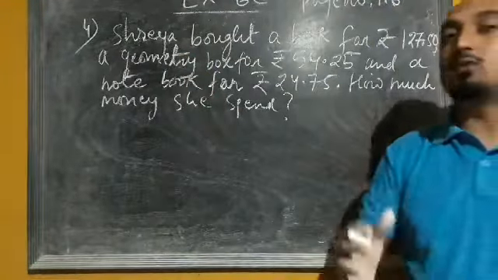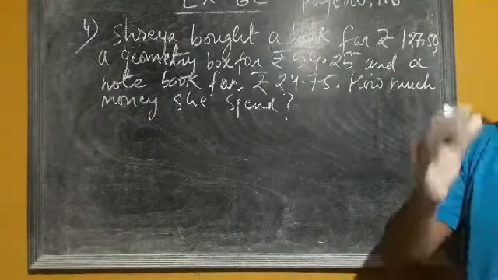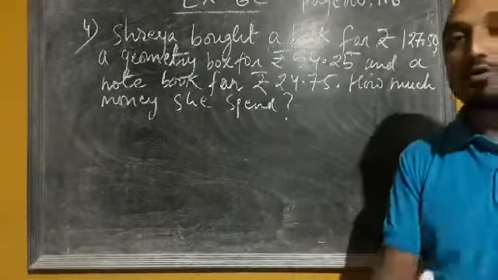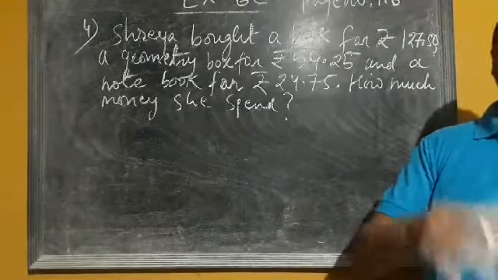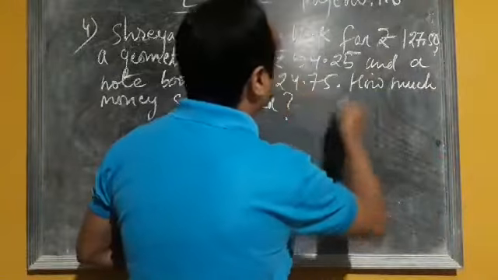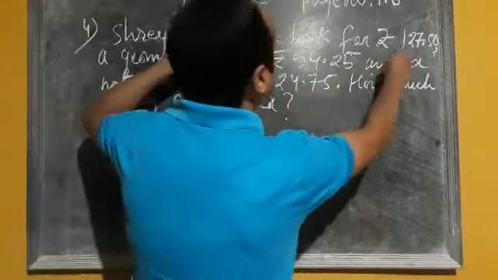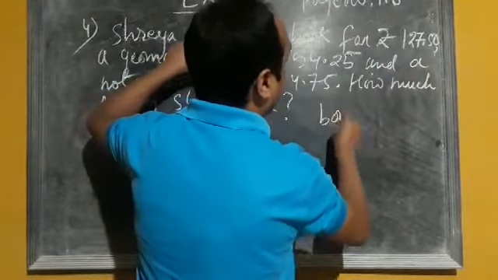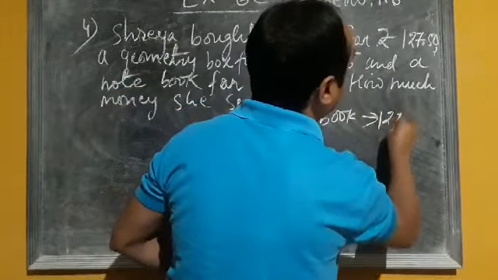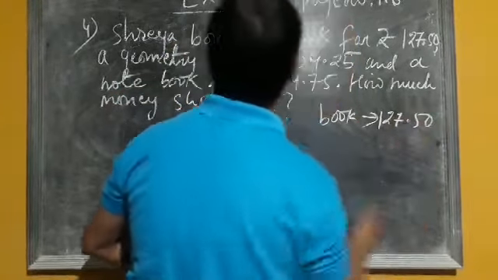She is spending some amount of money on the book, the geometry box and the notebook. So what is the total spending of Shreya? In order to calculate, we have to add the expenses made by her, expenses on book, notebook, as well as on geometry box. First, money spent on book: how much did she spend? 127.50.